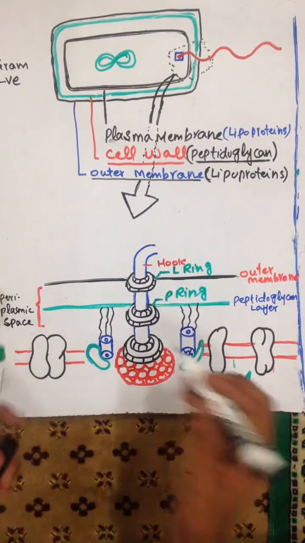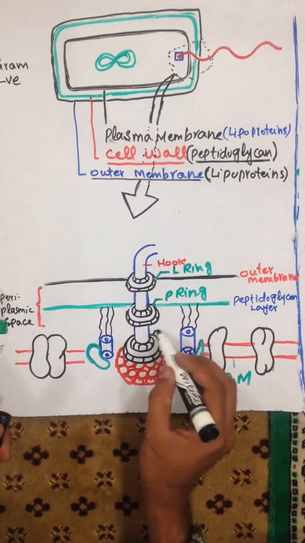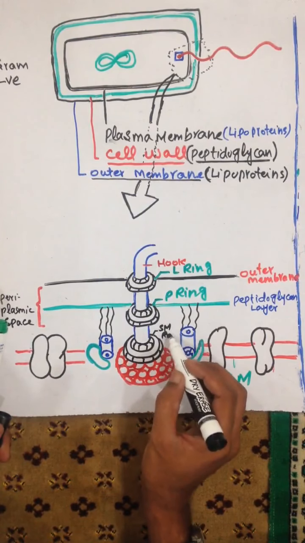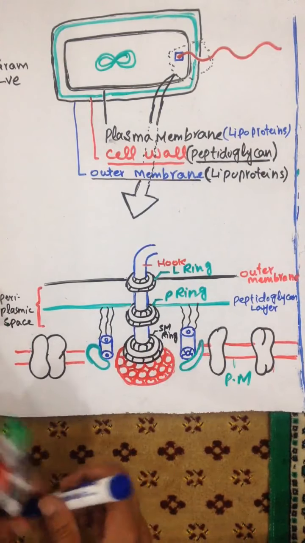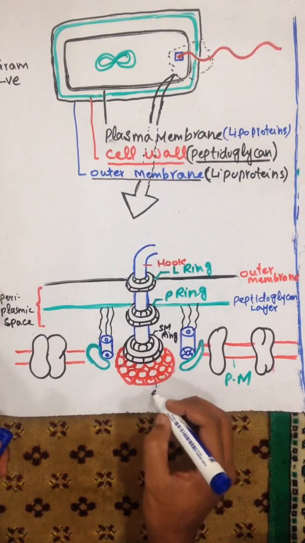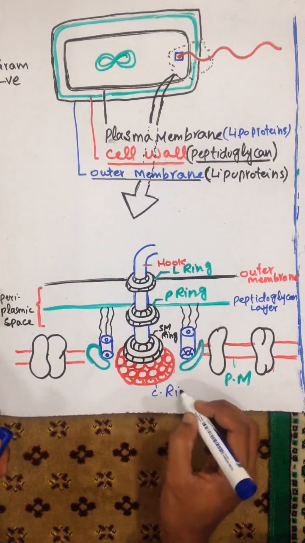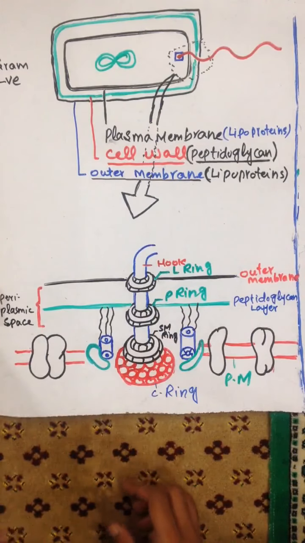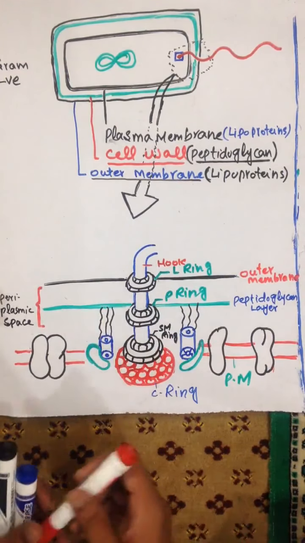And this is called the SM ring, and this is called the C ring. So this is the general diagram of a basal body present in the cell surface.